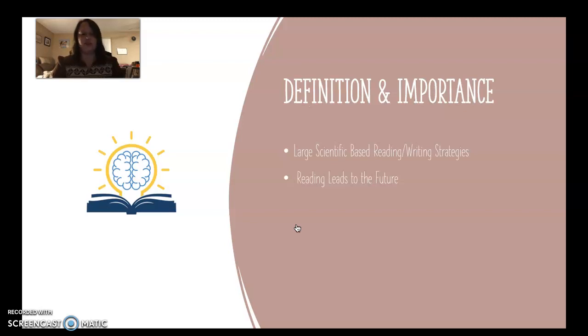Using this method is really important because it is based on science, on what is proven to work for children and what is proven not to work for children, and how they really learn to read. Like I said, reading leads to children becoming successful in the future, and using this proven method is going to help children become successful, and it will allow us to be successful with our kids.